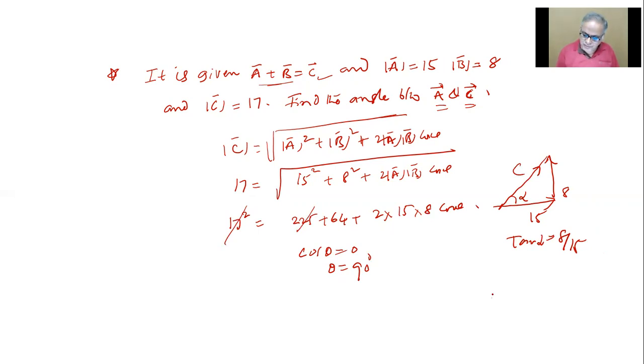Or if you go by parallelogram, this is 15, this is 8, and this is the resultant. So tan alpha is 8 by 15. The answer is 8 by 15, not 90. 90 is the angle between A and B.